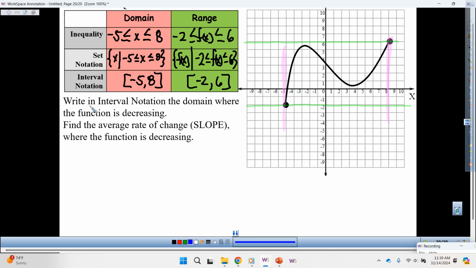It says, write the interval notation of the domain where the function is decreasing. So start on the left side with your pencil and follow the function, and whenever it starts going downward, pay attention to the X values there.